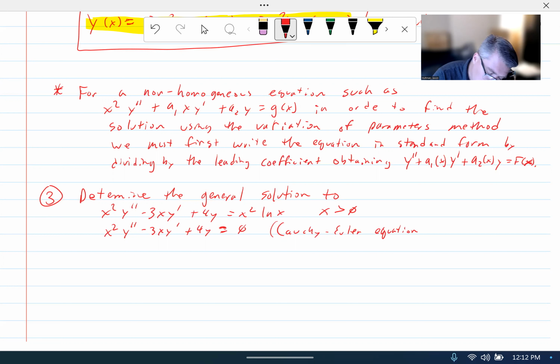This is its associated Cauchy-Euler equation. So let's solve that first, and then we'll get the complementary function, and then we'll try to get the general solution here.